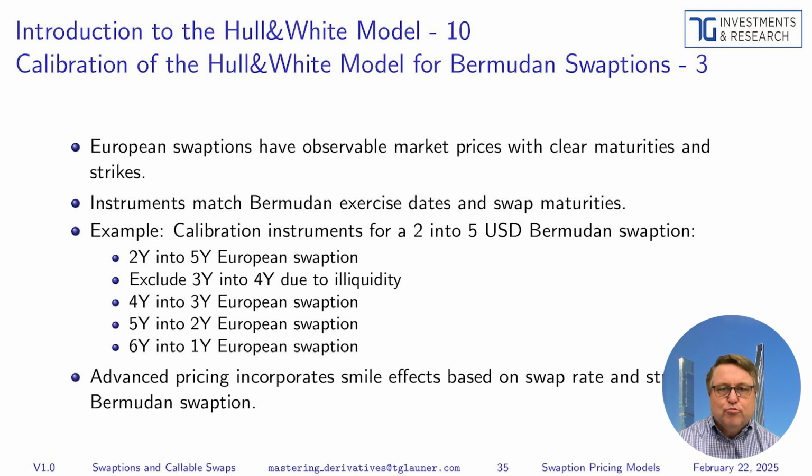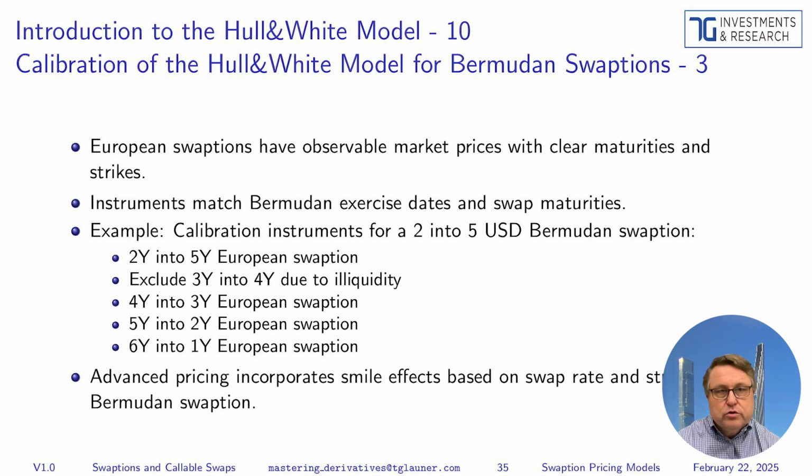The standard calibration instruments would include a 2 into 5 European swaption, which directly matches the Bermudan structure as it's the first option expiration date, a 4 into 3 European swaption, and a 5 into 2 year European swaption, covering different option expirations and the corresponding swap maturities you would exercise into.